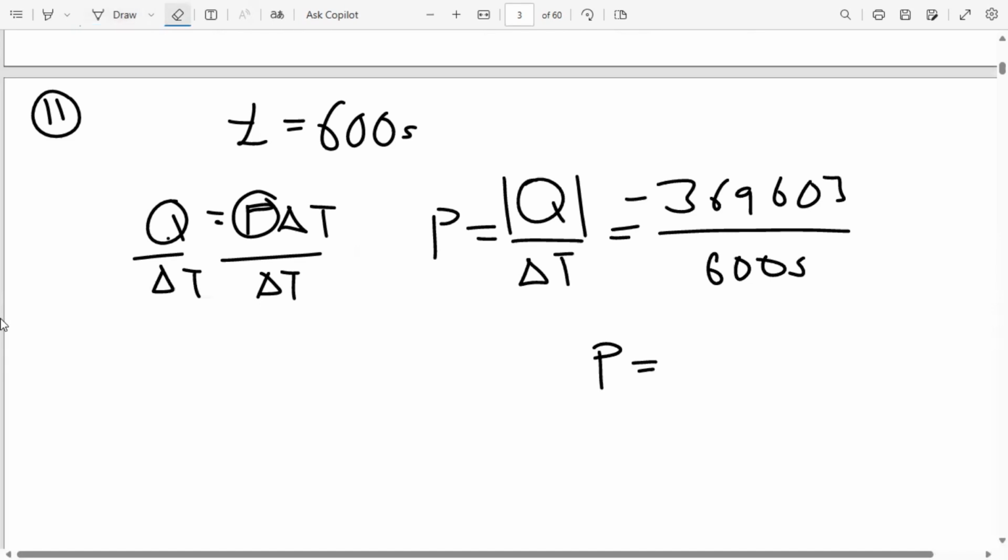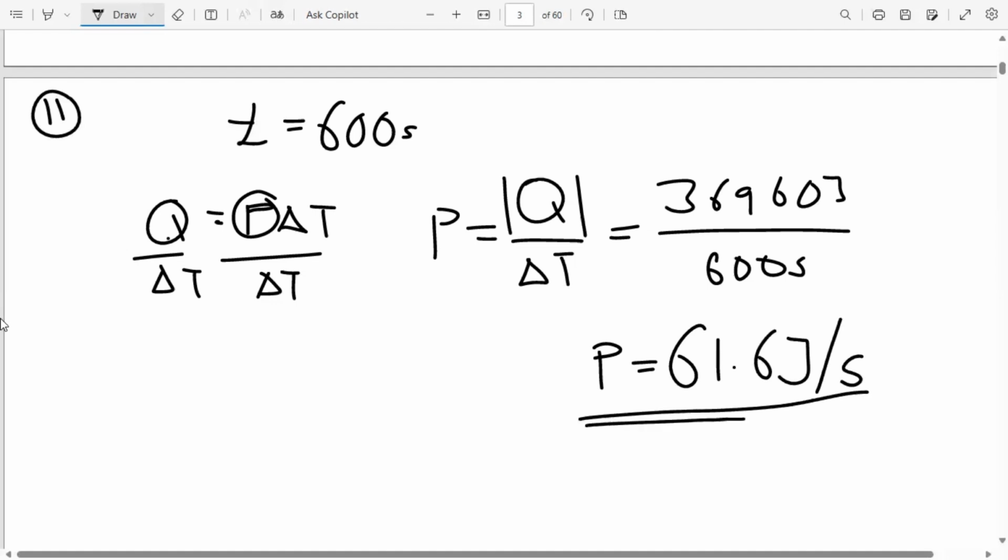So the negative doesn't need to be there, because the same rate at which it would be adding energy is the same rate at which it's removing energy. So 36,960 joules divided by 600 is equal to 61.6 joules per second. This is the rate at which the water is losing energy.